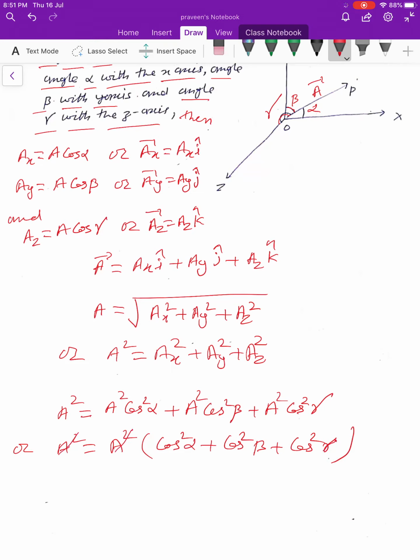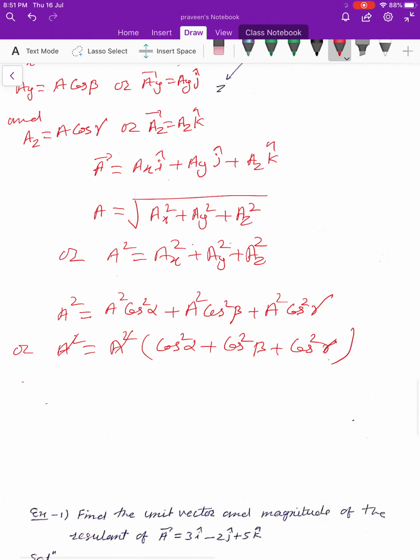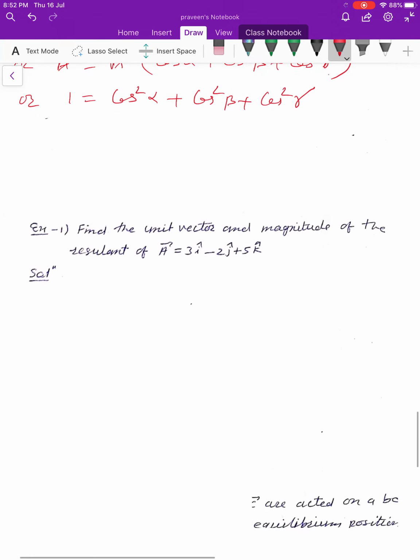Here A square and A square cancel, so we can write 1 is equal to cos square alpha plus cos square beta plus cos square gamma. Here cos alpha, cos beta and cos gamma are known as direction cosines of vector A. Clear?